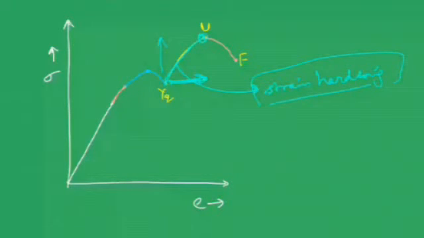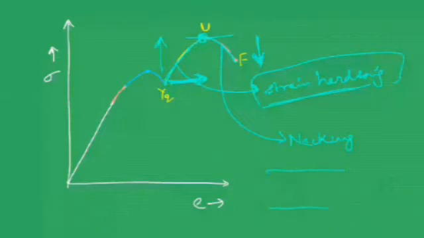The body is not letting the deformation happen easily because it is exhibiting more resistance. So this is strain hardening. Then, after reaching the ultimate stress, from U to F, the body is not showing much resistance. The resistance is decreasing again till it reaches the point F. This is called necking.